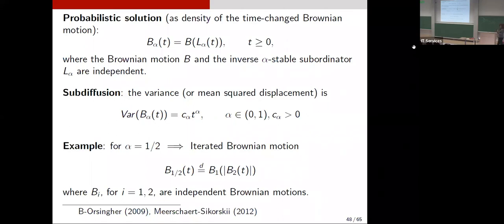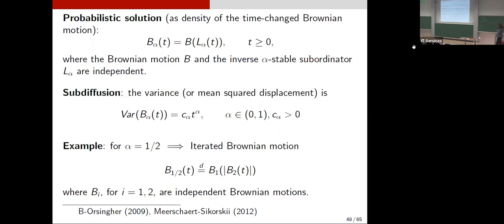So it's very similar to the case of the Poisson process. But in this case, for alpha in (0,1), we have a subdiffusion, since the variance or mean square displacement of the process is no longer t, but is t to the power alpha. And alpha, recall, is in (0,1) now.